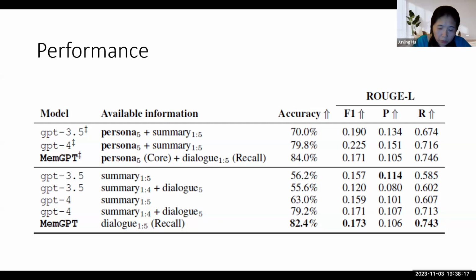So persona is from today's paper, MemGPT. They generated several personas. So they have like a curious agent. Actually, I will show you later in their Discord channel. They show that they designed several personas. So there are 5 personas.